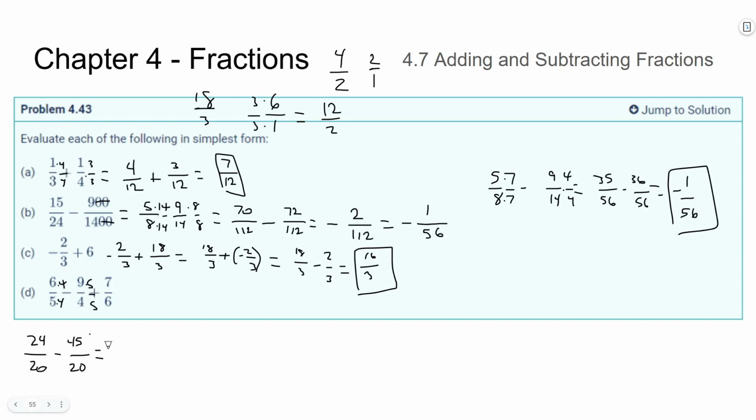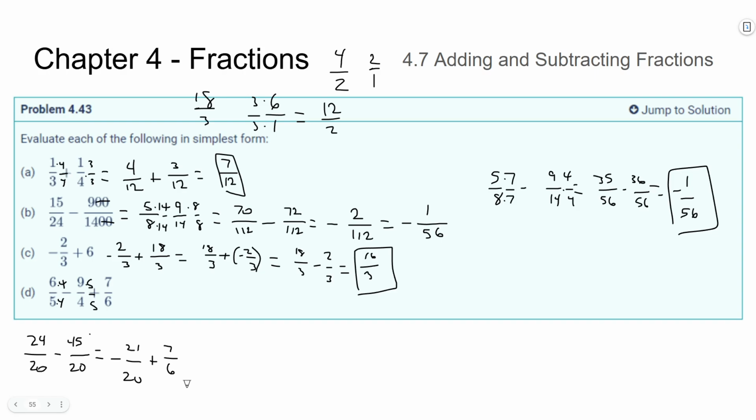Right, and that will give us, let's see, 24 minus 45 would be negative 21 over 20. And so we still have our plus 7 over 6 we need to deal with.